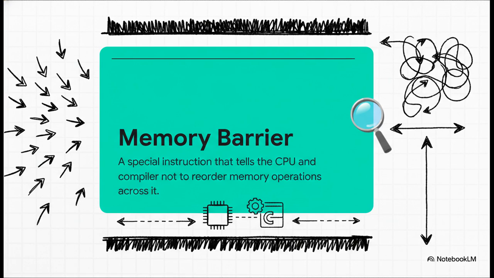It's a special instruction that tells both the CPU and the compiler, hey, stop. Do not move any memory operations from before this point to after this point, period. It forces a strict, non-negotiable order. It guarantees that everything you did before the barrier is finished and visible to the whole system before anything after the barrier is even allowed to start.